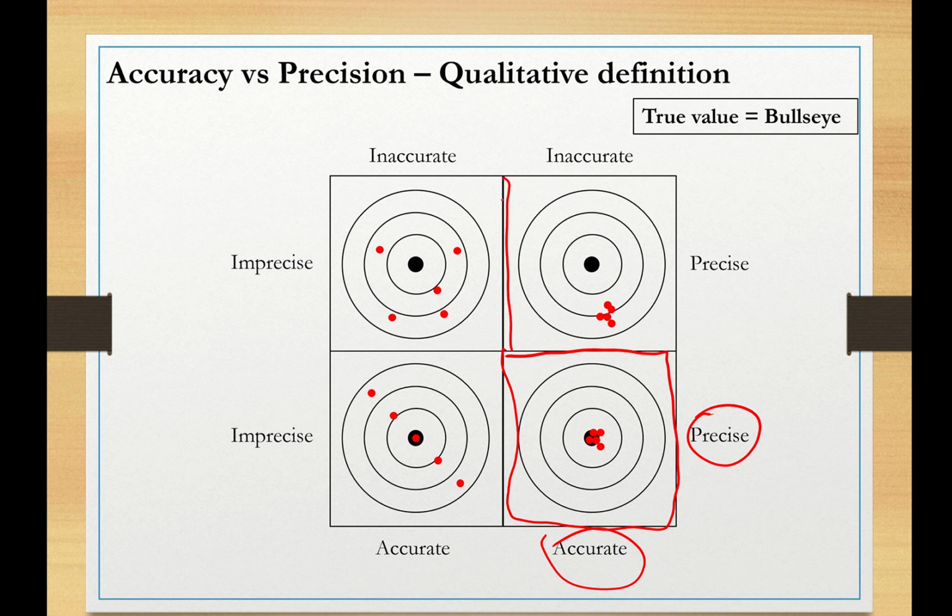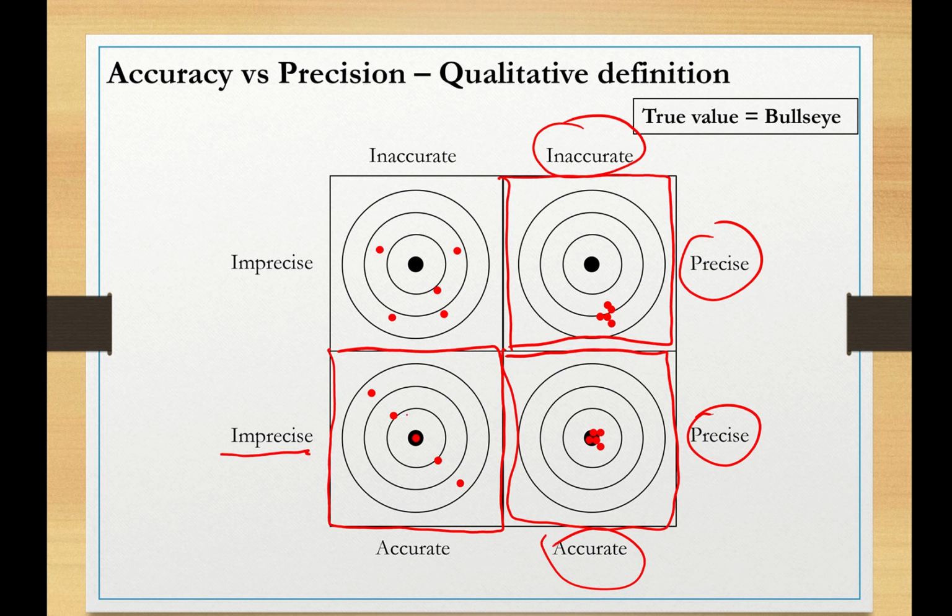The top right panel reflects measurements that are precise because they're very close to each other, but their average is far away from the true value and therefore they are inaccurate. The bottom left panel here shows measurements that are imprecise, definitely, because the deviation from each other of those 5 darts is way big.